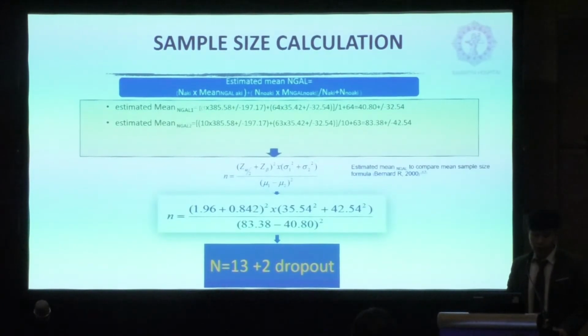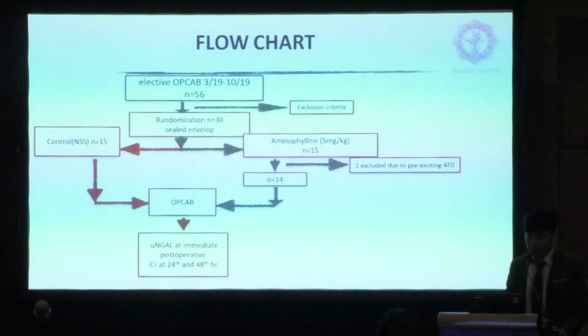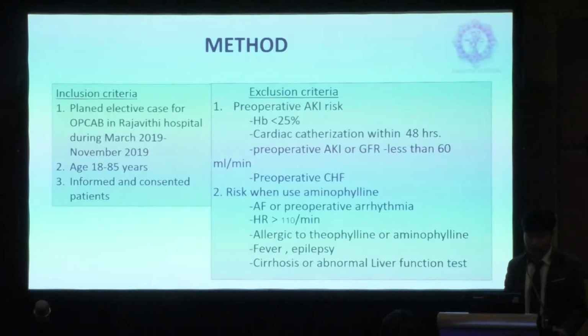According to the compare means formula, the sample size calculated in this study is 13, plus 2 dropouts becomes 15. We include elective cases for OPCAB in Rajavithi Hospital from March to November 2019, with the age of 18 to 85 years old, who were informed and gave us consent.